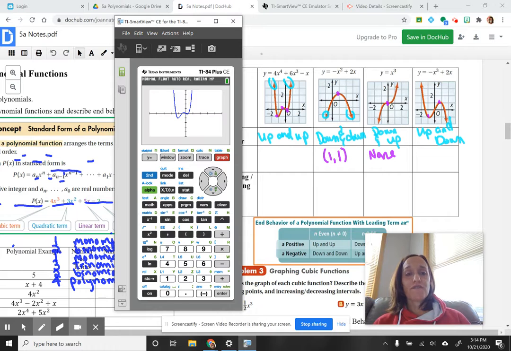So to find that first, the leftmost turning point, I'm going to say second calc. It's a minimum because it was a low point. And then it's asking for the left bound and right bound. So get over here, left bound, hit enter, right bound, get to the right of that low point, hit enter. You can get closer if you want to, enter.